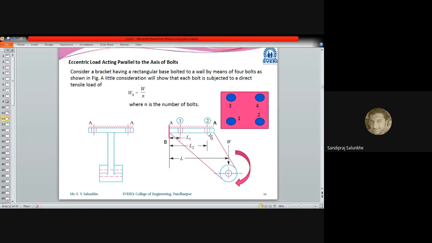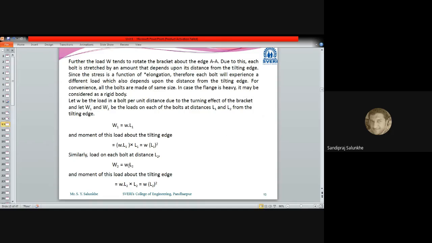If you take its moment, then moment will be force multiplied by distance, and that will be small w into L2 square. Have you understood this?